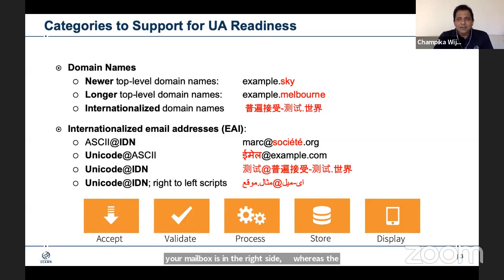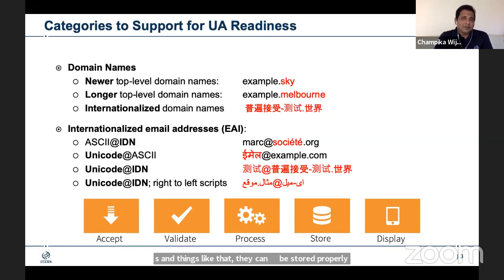Now, the important thing is when we say UA ready, we have to make sure these internationalized domain names, as well as all those newer top-level domains and the longer ones, as well as all those email IDs we discussed, are properly accepted in applications, validated, processed, stored properly in databases, and also displayed properly.